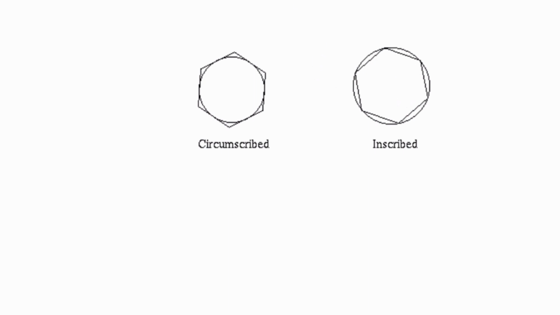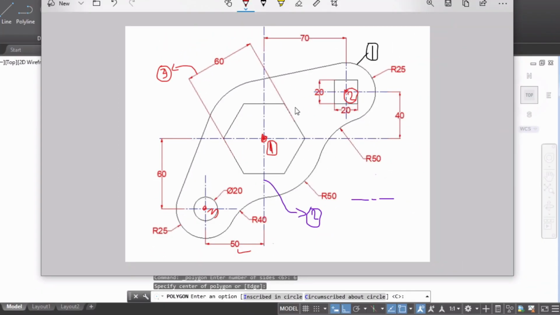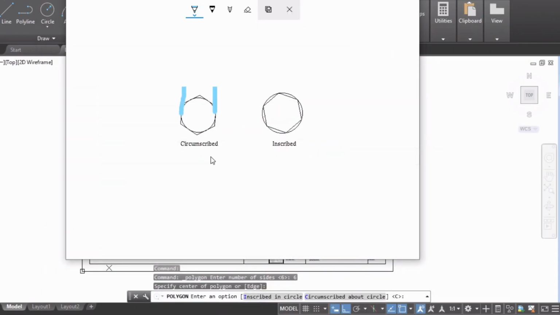And here you have to notice one thing. If you have the distance between two edges, like this, you have to choose circumscribed, because the diameter of this circle will be the distance between these two edges. In our case, you can see we have the distance between two edges, so we have to use the circumscribed circle.